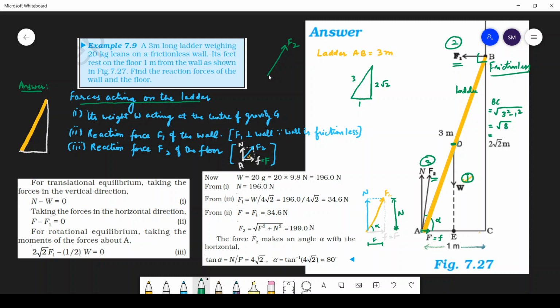We have to resolve F2 into two components, horizontal and vertical.